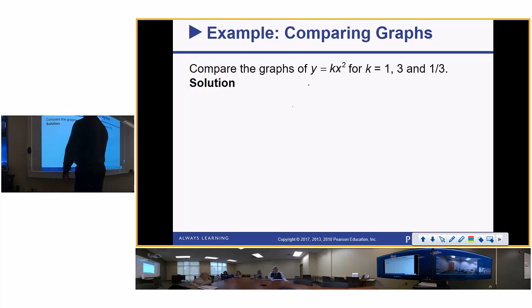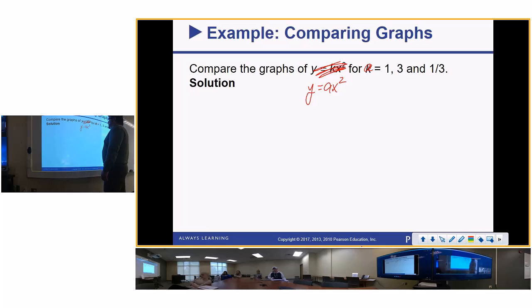Change that to an a. y equals ax squared. a is equal to 1, it's a regular parabola. What about 3? Smaller, skinnier. 1/3? Satellite dish.